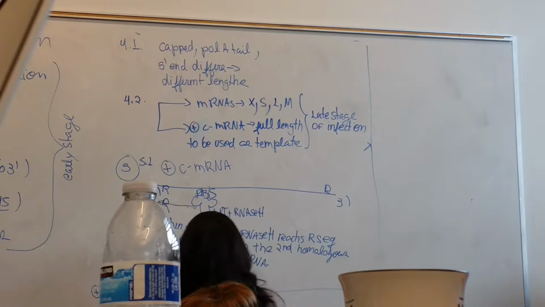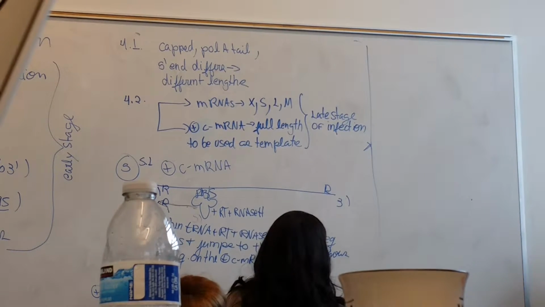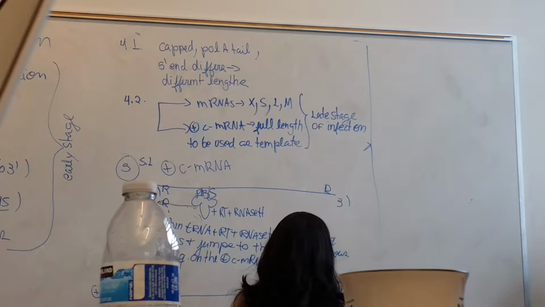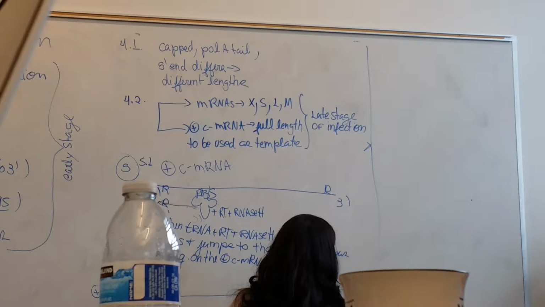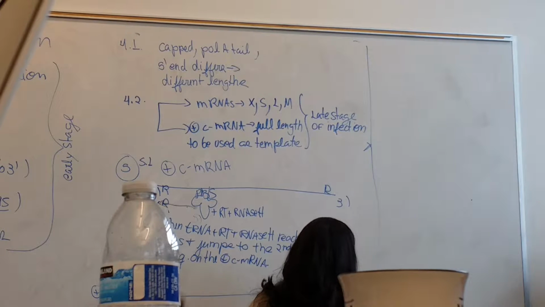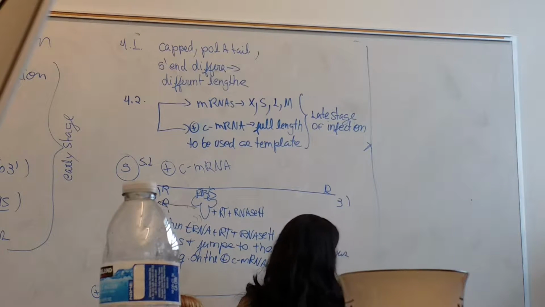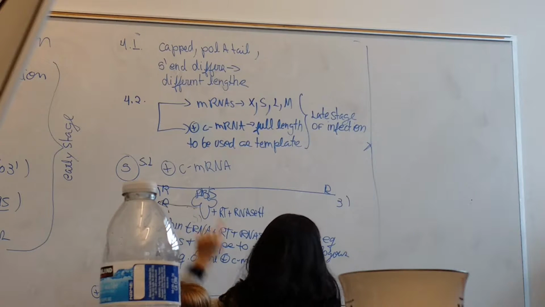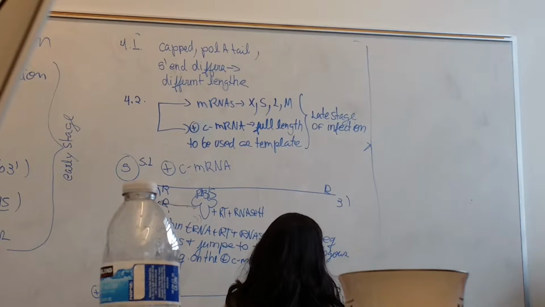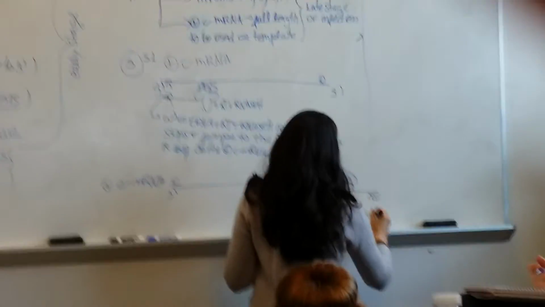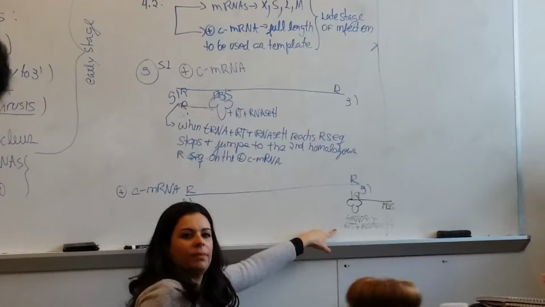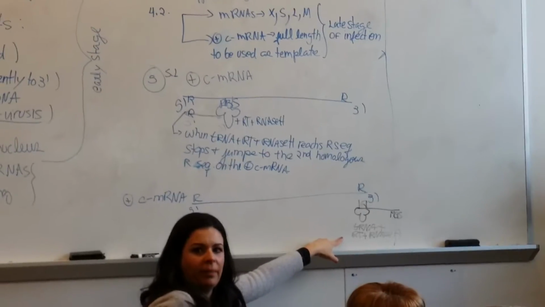Now my whole complex jumped and I'm matching. See, I copied R here, so I'm matching R with R. And then I have a PBS here, right? That was copied in the beginning. And now here I have a transfer RNA. I have an RT, reverse transcriptase, plus RNase H. I jumped the whole thing.